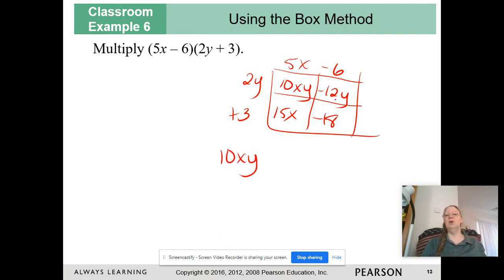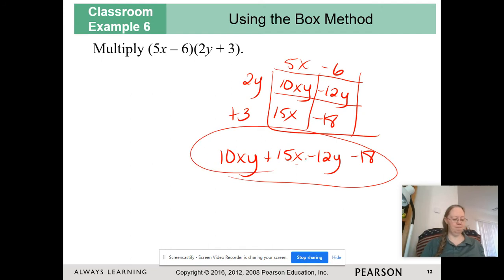All right, so normally these are like terms, so we would be able to combine them, but in this case, they're not because one's an x and one's a y. So it doesn't matter which one we put first or second. Although if it doesn't matter, we usually put the x first and then the y.